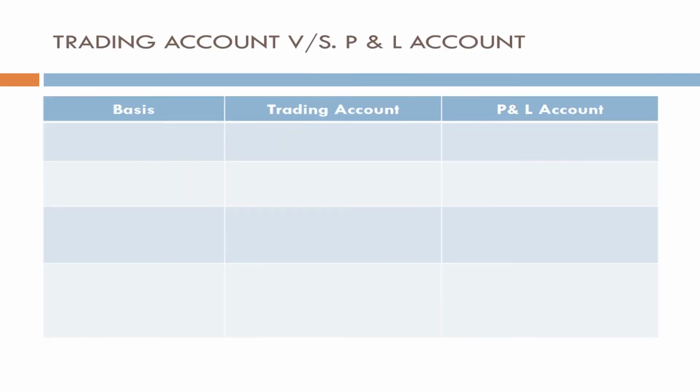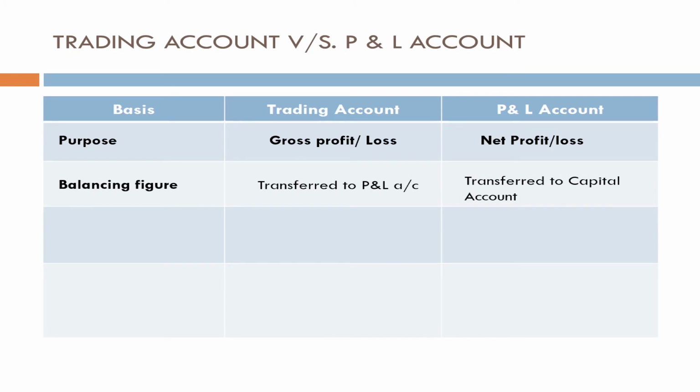Now, what is the difference between trading account and P&L account? The purpose of preparing the trading account is to find gross profit or gross loss. On the other hand, the purpose of making the P&L account is to calculate net profit or net loss. In case of the trading account, a balancing figure is transferred to the P&L account, and in case of the P&L account, the balancing figure is transferred to the balance sheet.